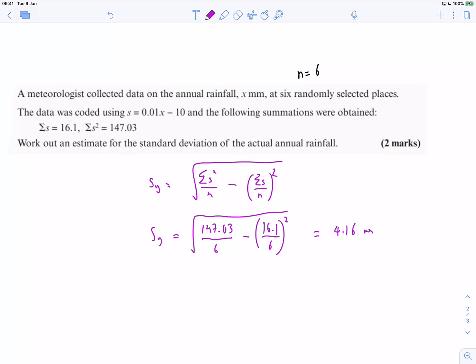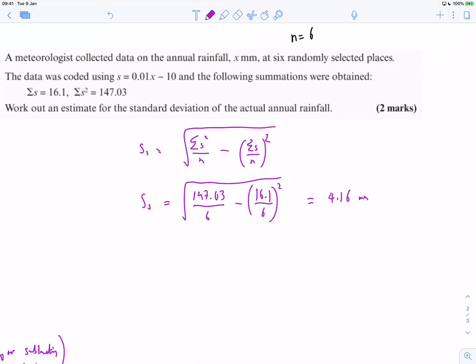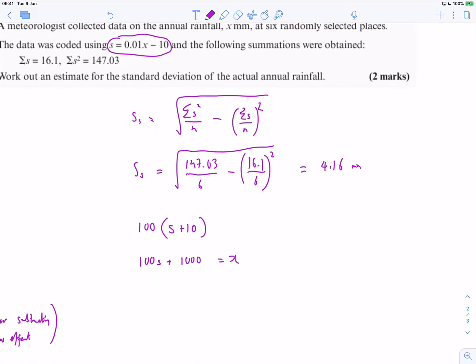Okay, and that's millimeters. Now let's think about this very carefully. It's just, if anything, the standard deviation of S, isn't it? Now let's look at what's happening here. S plus 10 and then divided by 0.1 is going to be the same as timesing by 10. So it's 10S plus 100 equals X. To get X bar, we would have to times the mean by 10 and then add 100.